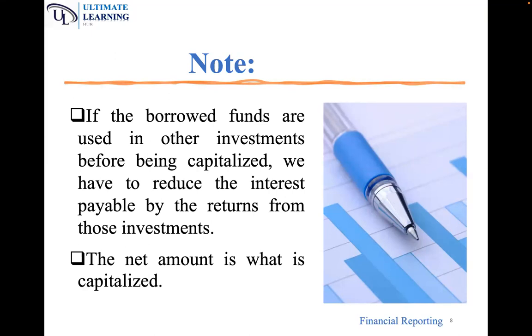We have also looked at, when does capitalization stop? Capitalization stops under two conditions: when construction is complete, and number two, when construction is suspended. Finally, we have said that if you made some investment from the amount you borrowed, the return from this investment reduces the amount of borrowing costs to be capitalized.